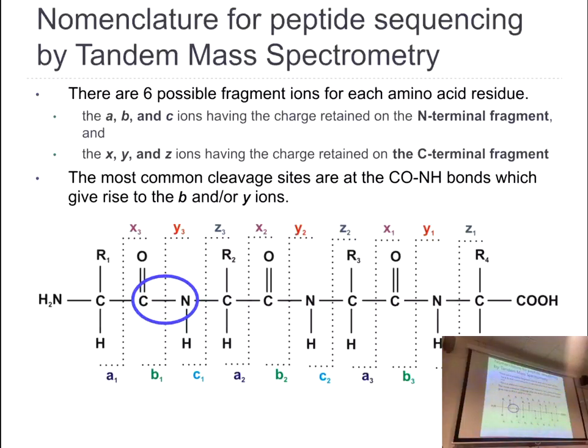What is the difference between two consecutive ions? The difference in what? So, what's the difference between the B2 and the B3 ion? Addition of the amino acids. New amino acids. Plus one.